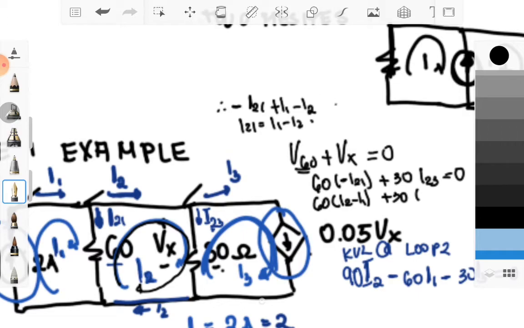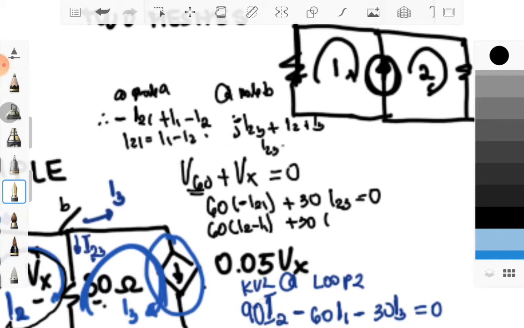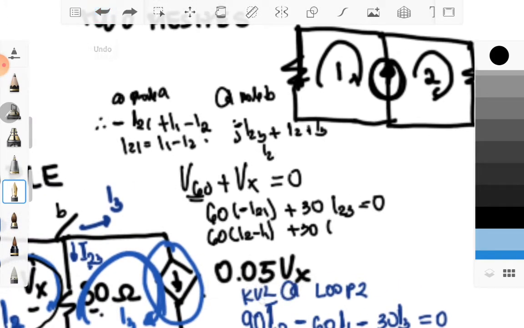So, what is our I23? Take note that our I23, so let's say this is node A and node B. So, at node B is that we have I23. So, palabas din yan. So, negative I23 plus our I2 plus our I3. Okay? So, this is at node A. So, therefore, my I23 is equal to, take note yung I3 mo is palabas, so dapat negative to.